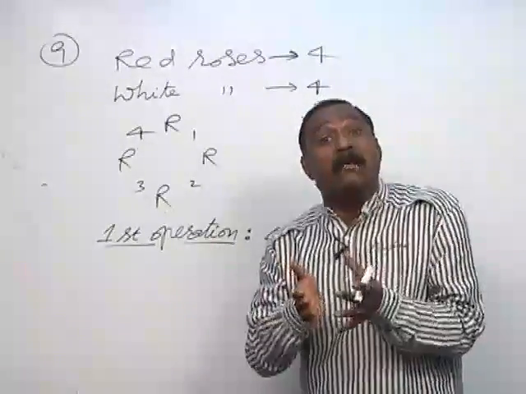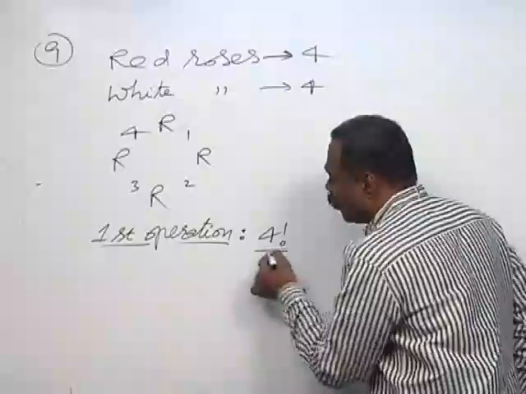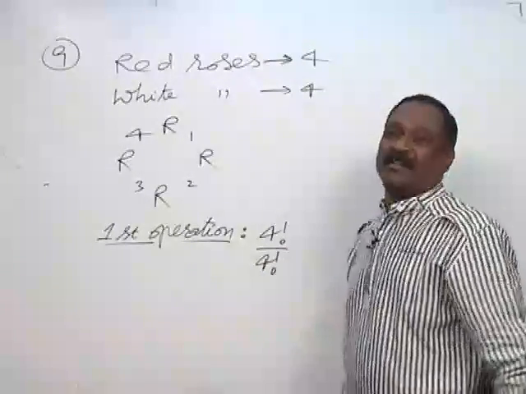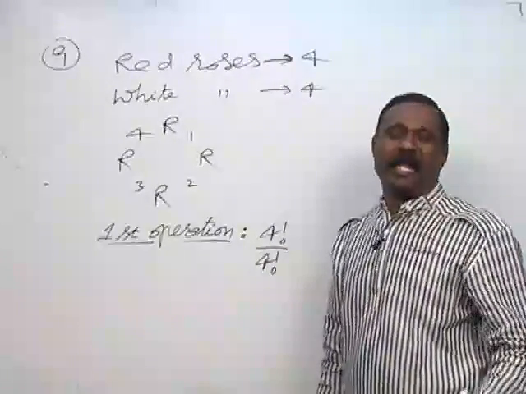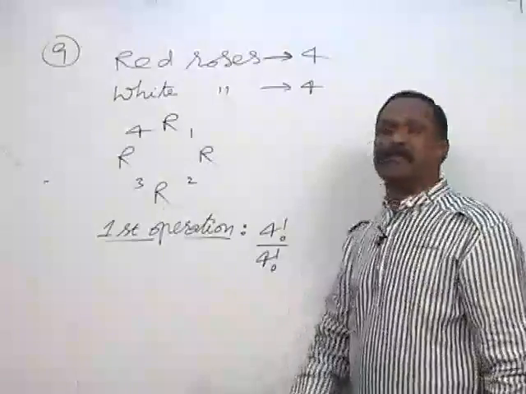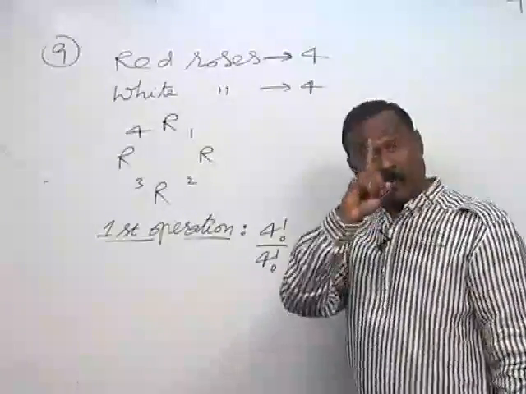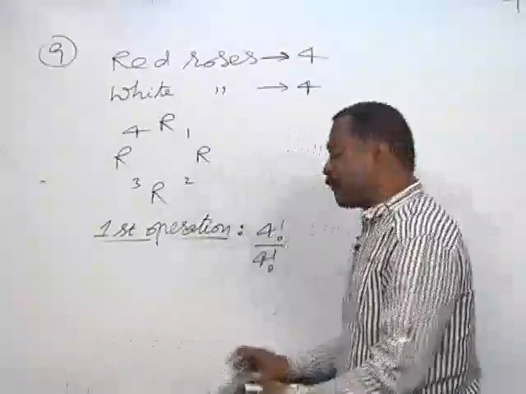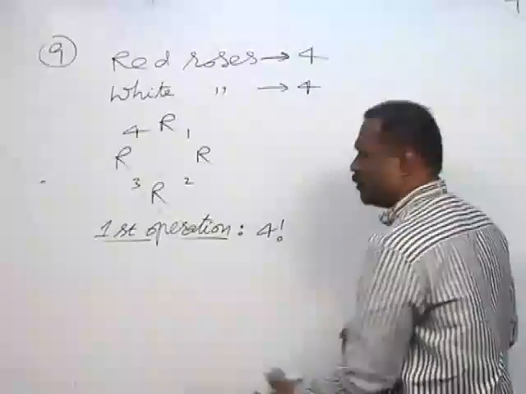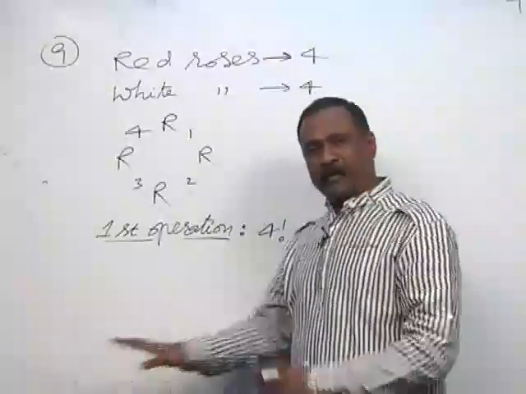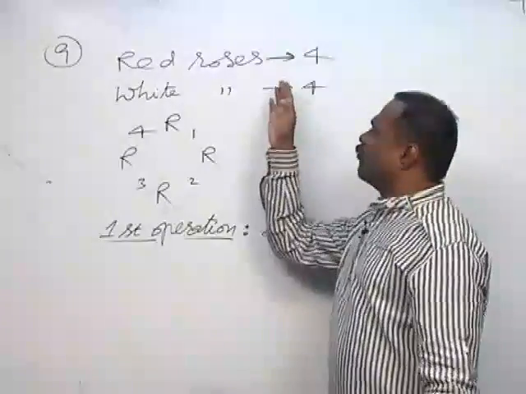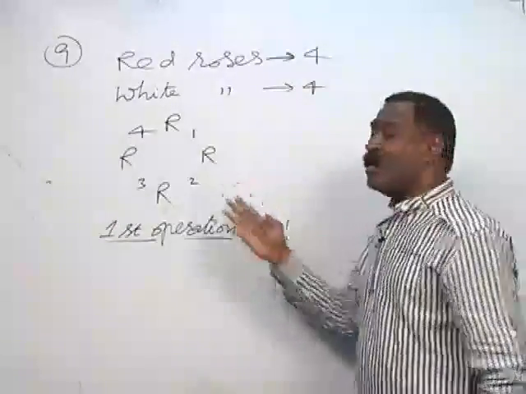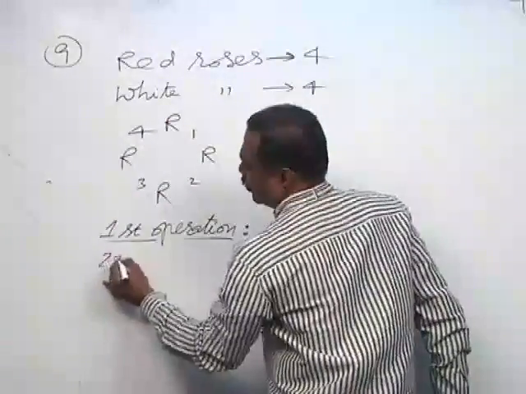If they were alike, there would not be any arrangement; they would become like things, 4 factorial upon 4 factorial, which means only one. Because they are of different sizes, it is nothing but 4 factorial. That means the first operation is performed, arranging the white roses among the red roses. Then the second operation.